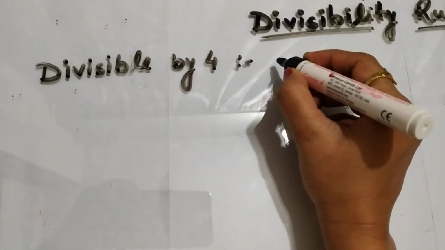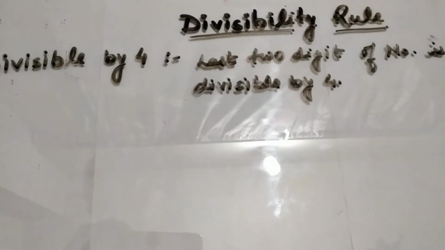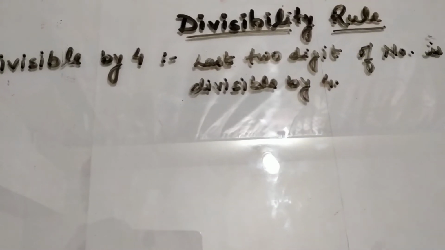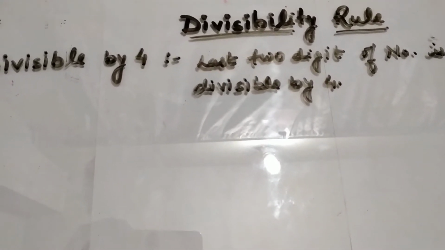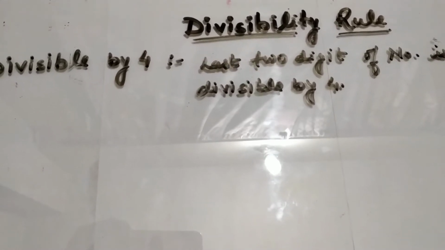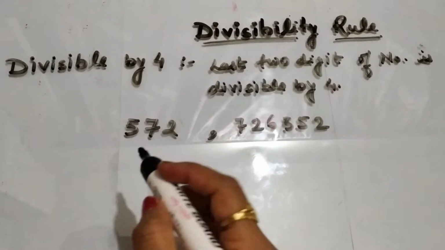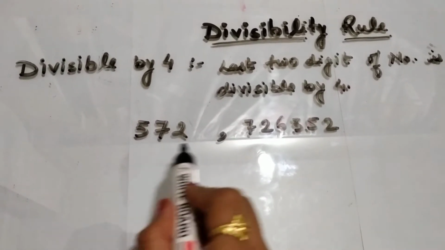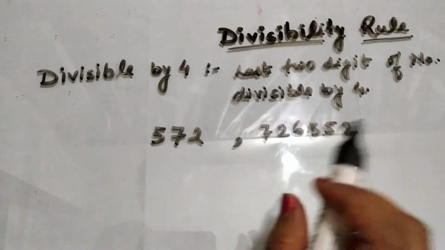Divisible by 4. If the last two digits of a number are divisible by 4, then the number is also divisible by 4. For example, we check whether 572 is divisible by 4 or not. No need to divide the whole number.